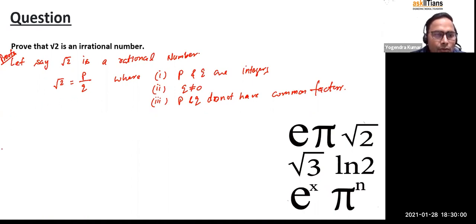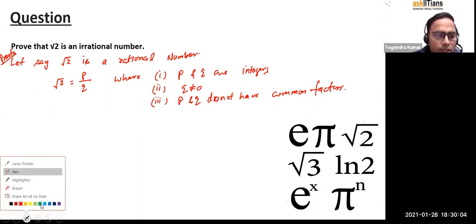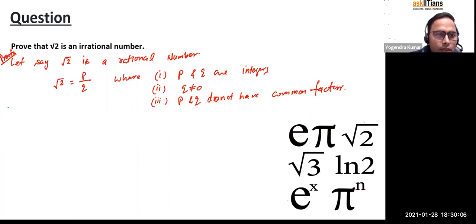Can I square both sides? If this equation is true, we can square both sides. By squaring both sides, I'll get 2 on the left, and p square by q square on the right.